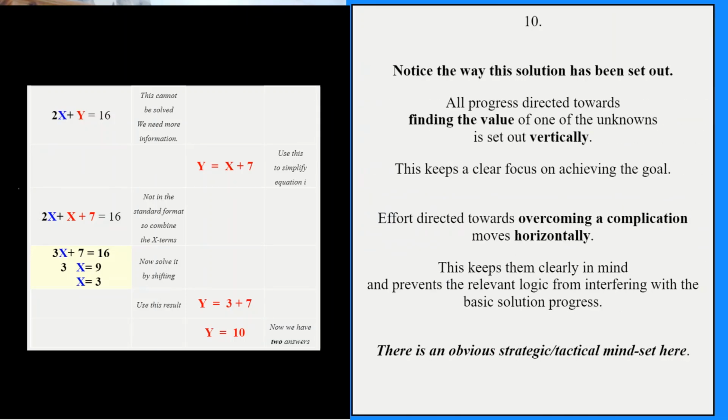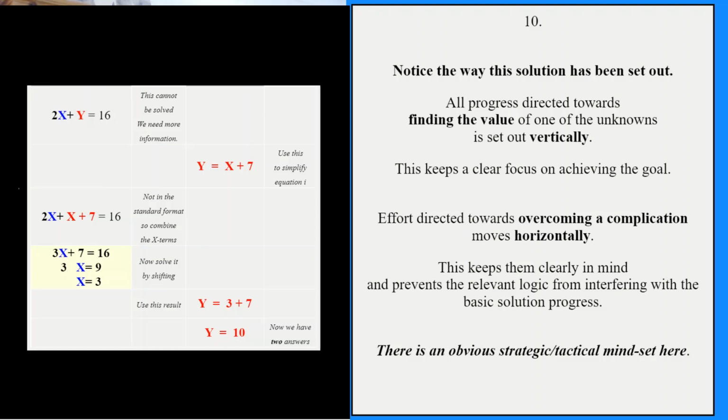Now notice the way the solution's been set out. All progress directed towards finding the value of one of the unknowns is set out vertically. This keeps a clear focus on achieving the goal. Effort directed towards overcoming a complication moves horizontally.